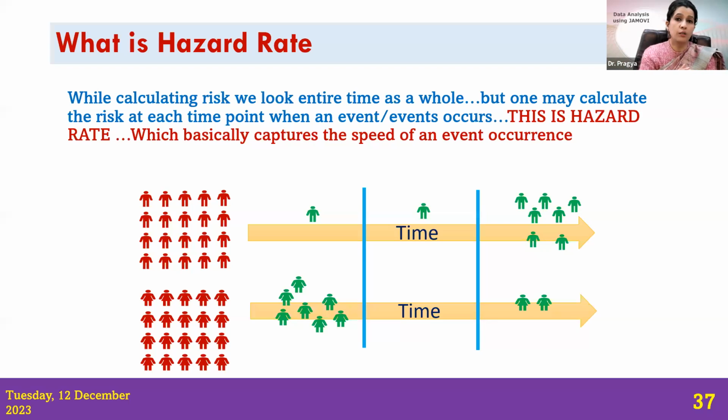Now to understand it, what is a hazard rate? While calculating risk, we have taken the entire time as a whole, but you may calculate the risk at each time point. This is the example we discussed in the last class: after knee arthroplasty, what is the probability that the person will be ambulatory.